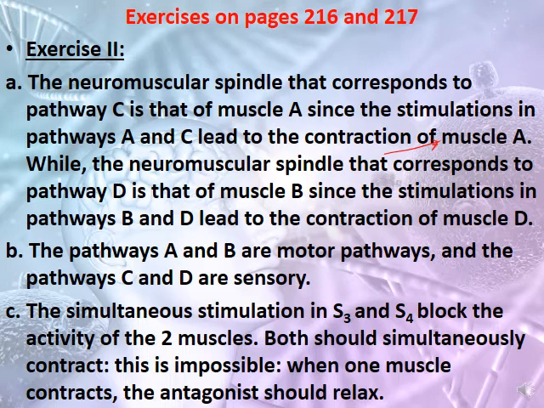So the simultaneous stimulations in S3 and S4 block the activity of both muscles, A and B. Both should simultaneously contract. This is impossible. So when one muscle contracts, the other, the antagonist, should relax.